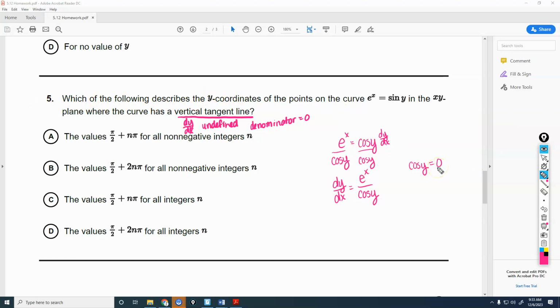We need to look at the unit circle and think about where cosine y equals 0. You're going to be here, here, here, or here. Cosine is which coordinate? x. So that is right here at pi over 2, and down here at 3 pi over 2.